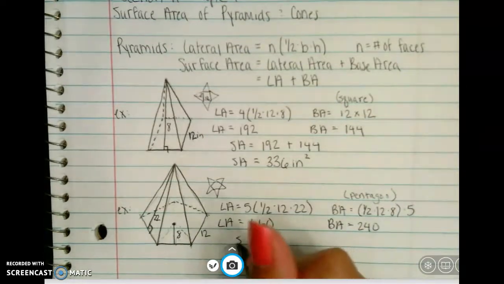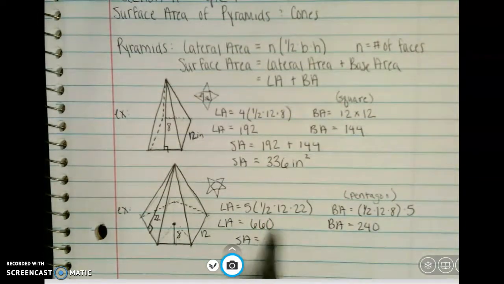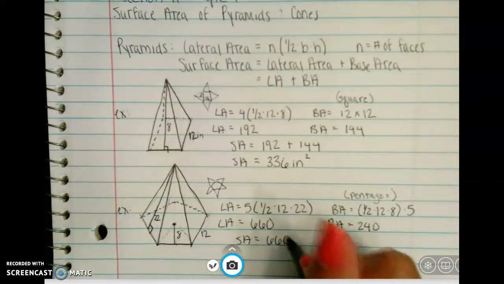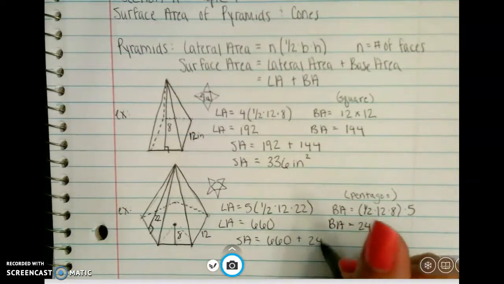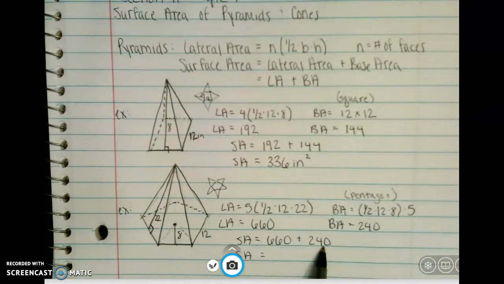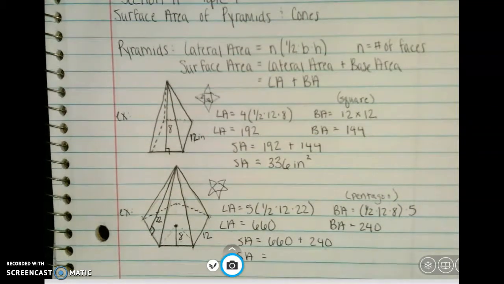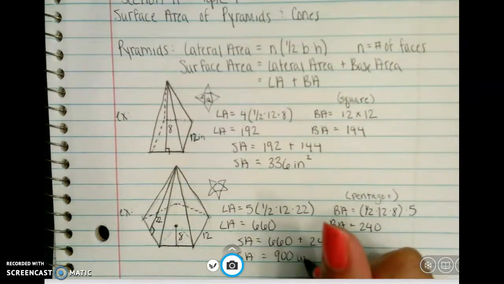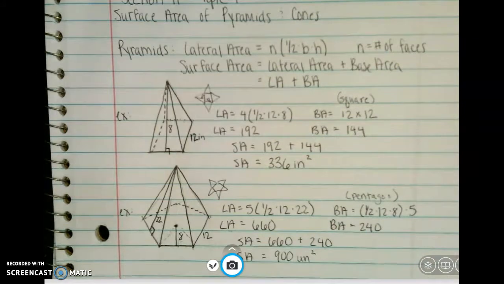And then surface area is those two values added together, lateral area plus base area. So 660 plus 240 would give us 900 units squared.